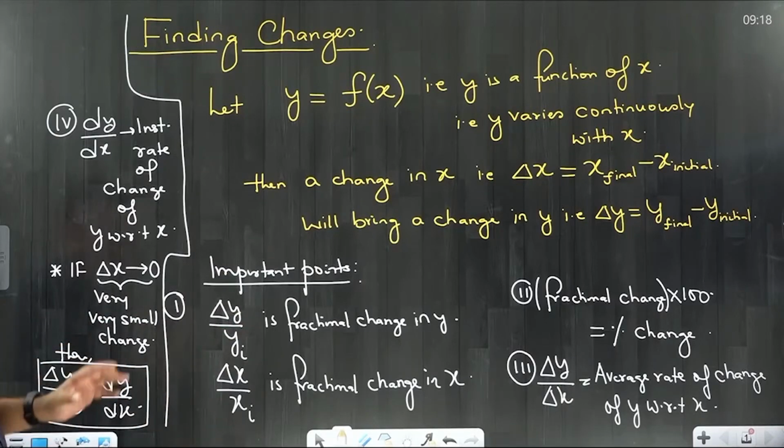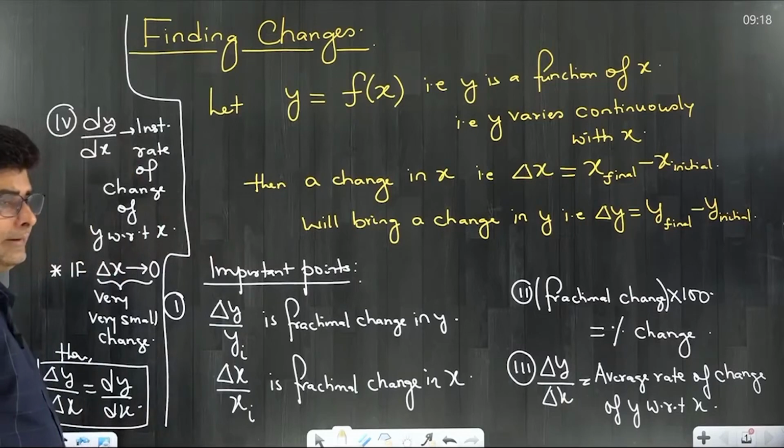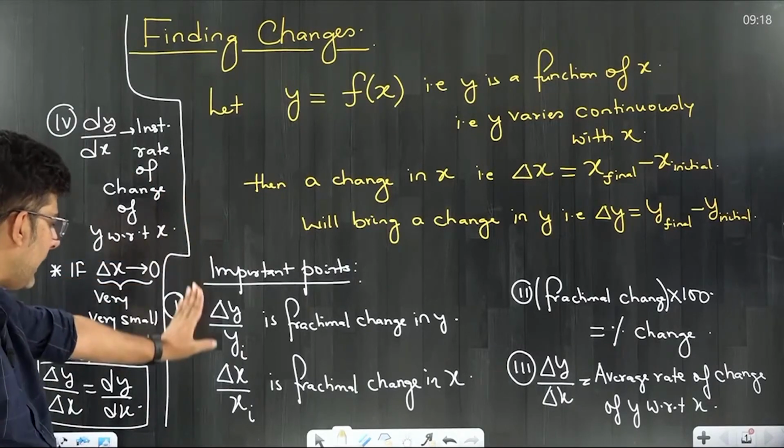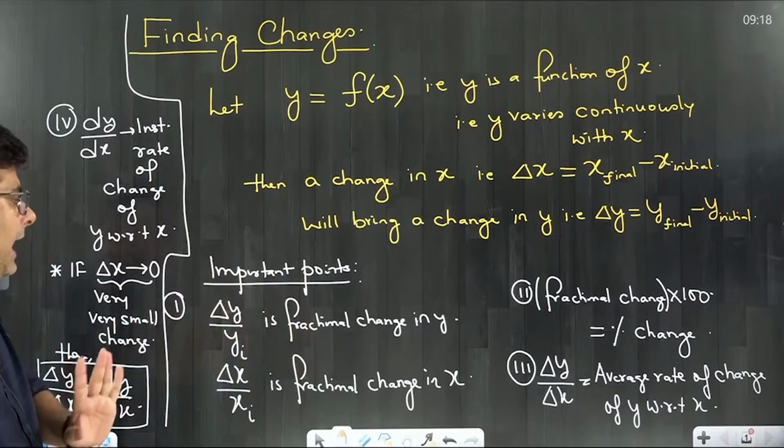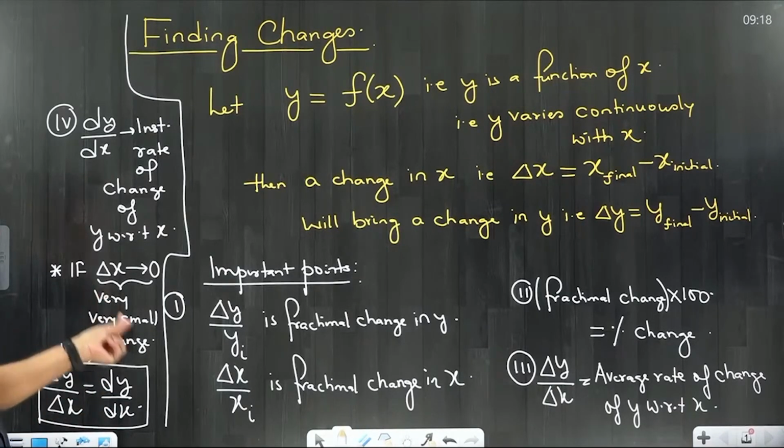So you will understand how we will find the changes. Is it clear? So what is fractional change, what is average rate of change, what is instantaneous rate of change, and when do we equate the average and instantaneous rates of change? When we say they are almost the same, when the changes are very small. Clear?